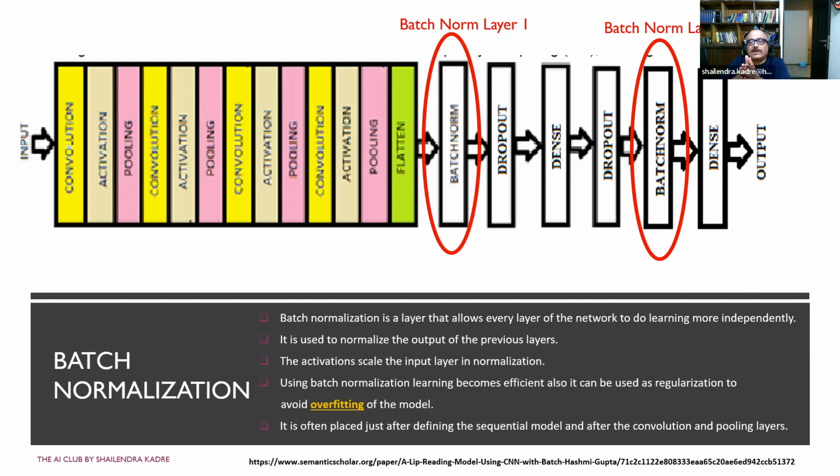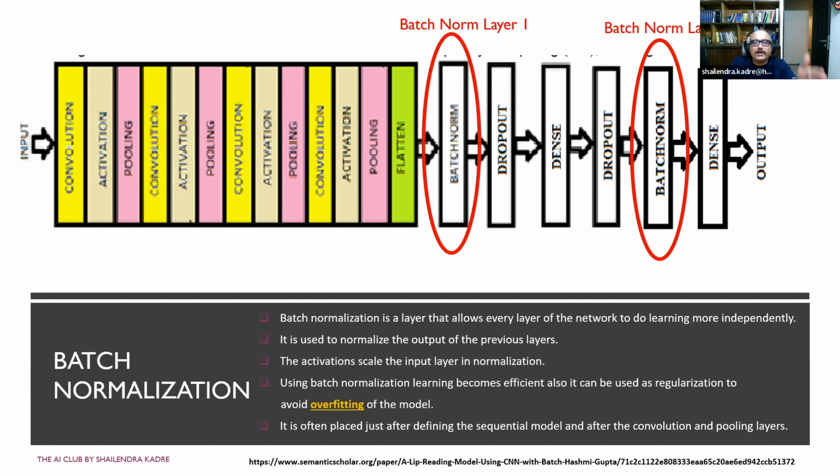We have two or three types of scalers: the min-max scaler or the standard scaler. So batch normalization is the equivalent of that in neural networks. Number one, it allows every layer to learn independently. Number two, remember that batch normalization is helpful in avoiding overfitting.